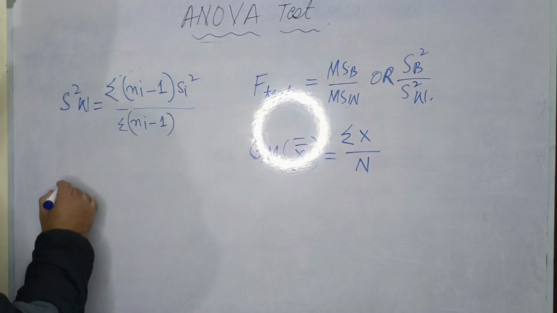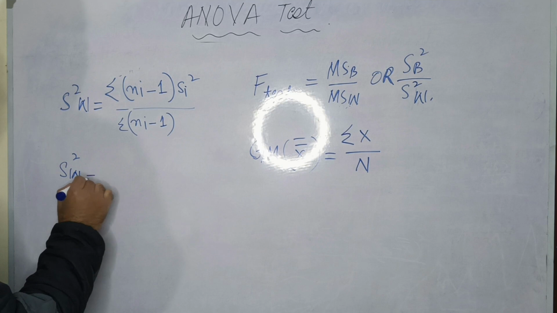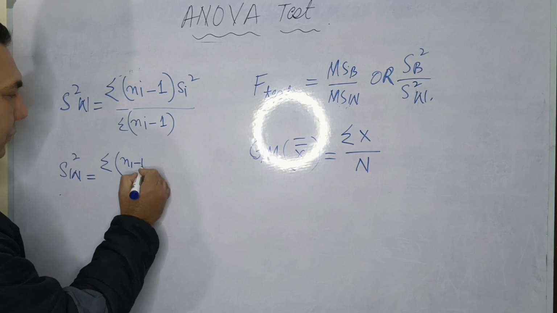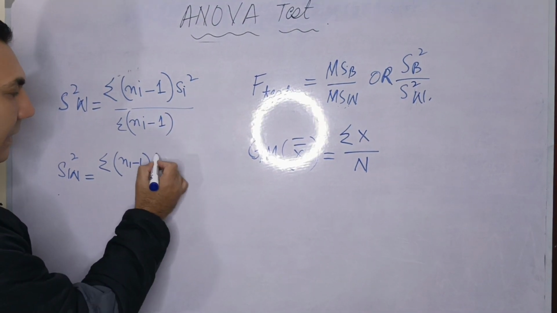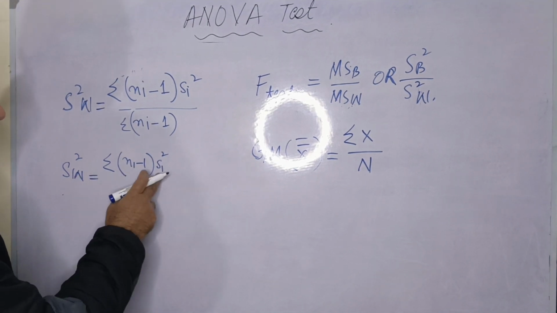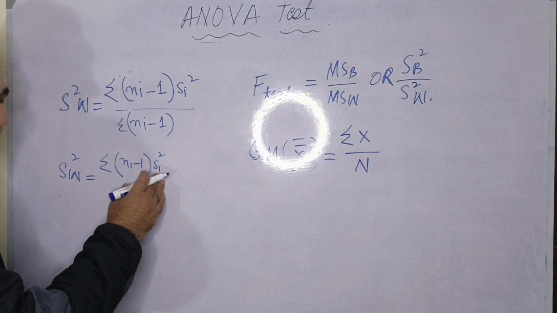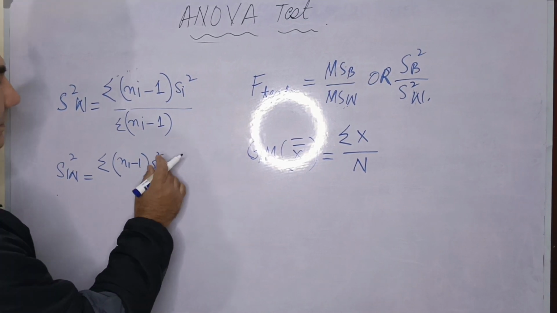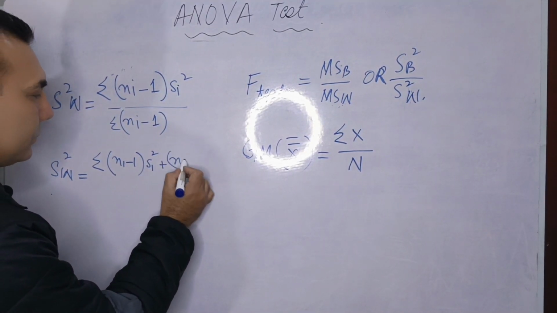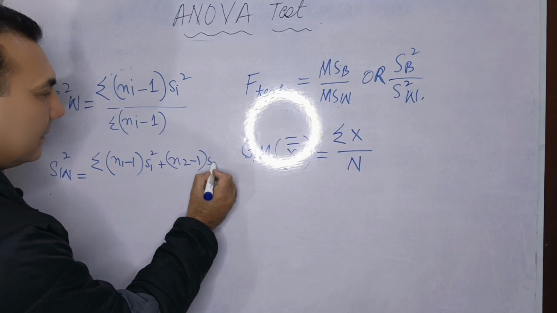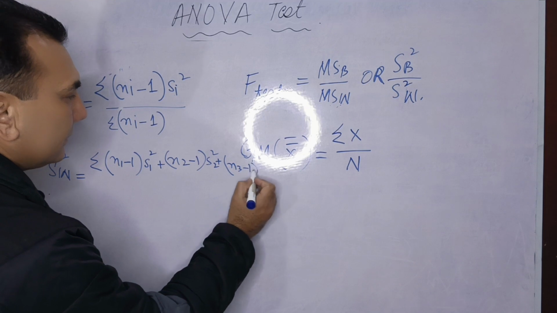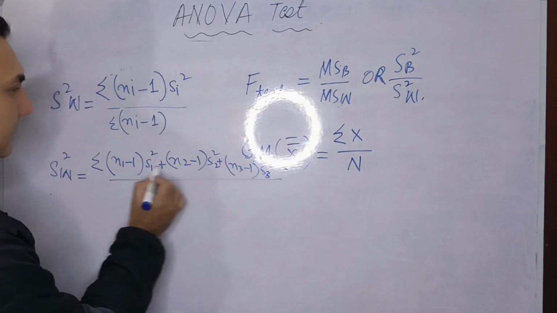Now what does it say? The sum of squares within the group means the sum of n1 minus 1 times the variance of the first sample. You can square the standard deviation, or you can write down the variance, that is the variance. Then we will add n2 minus 1 times s2 square, then n3 minus 1 times s3 square, the variances.